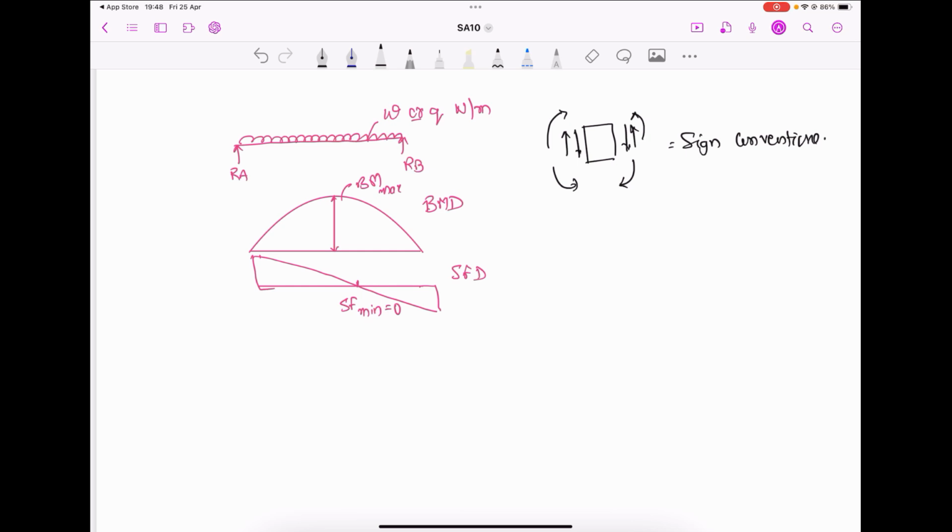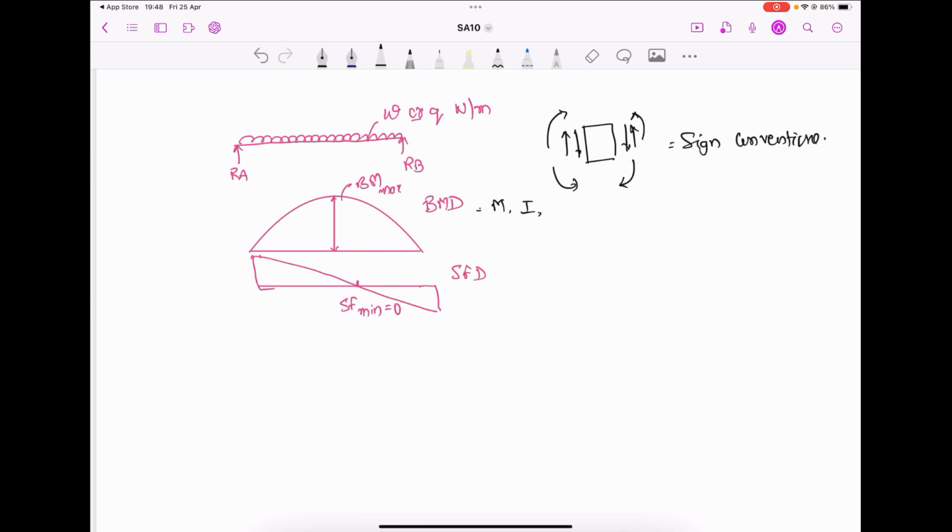Now, in this lecture, it's not about the sign convention, it is about understanding the BMD and SFD, and understanding the bending stress and shear stress. Bending stress is due to BMD. Here we get the value of M. I for the particular shape is known, that is constant.